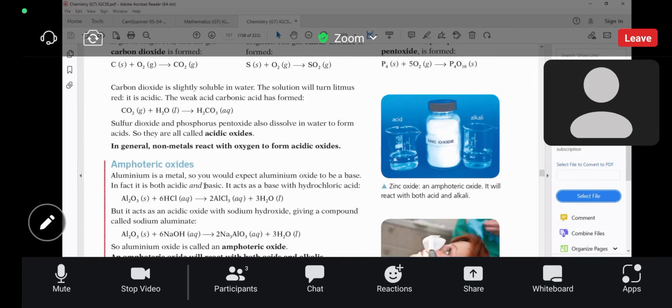Can you tell me an example for an amphoteric oxide? For example, we looked at Al2O3, aluminium oxide. So this is an amphoteric oxide. A neutral oxide: H2O. H2O is an oxide, but it is neither basic nor acidic. Okay?